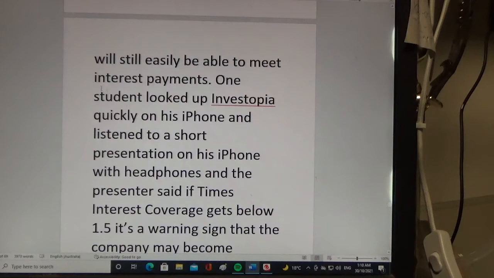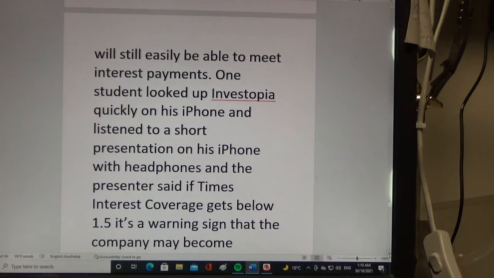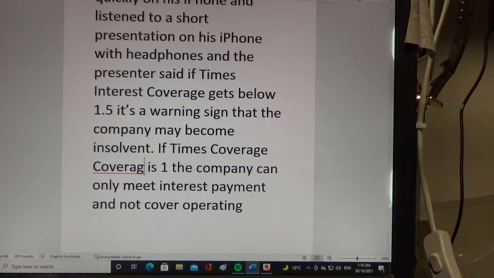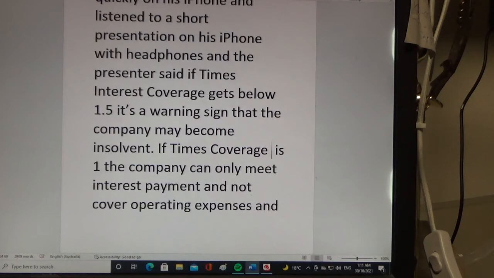Now, one student looks up Investopedia on his iPhone with headphones and listens to a short 1.5 minute presentation, and the presenter says that if times interest coverage gets below 1.5, it's a warning sign that the company may become insolvent. As I said before, if their times coverage ratio is 1, that means they're only paying their interest payments.